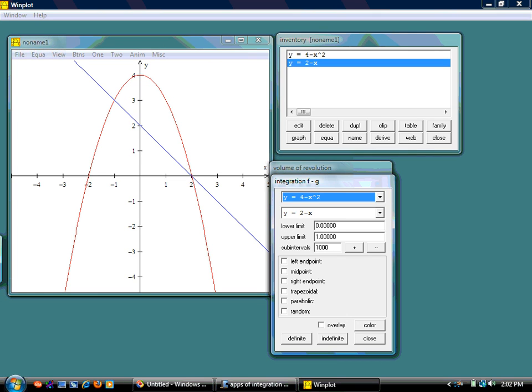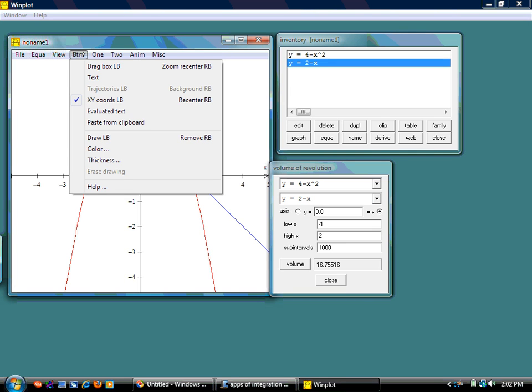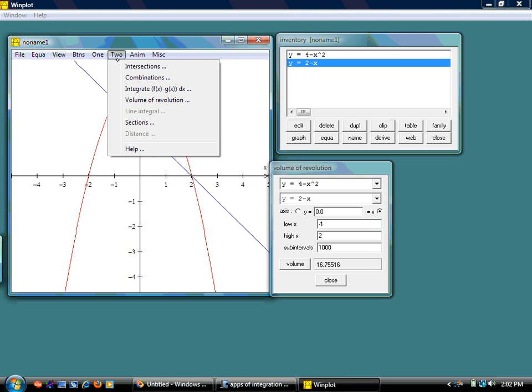But I don't want it to integrate it, I want to integrate it separately. That's the problem. Where's integrate?